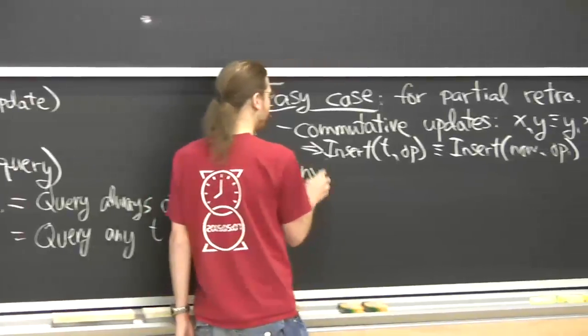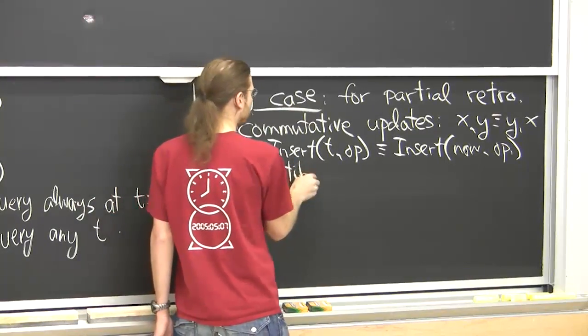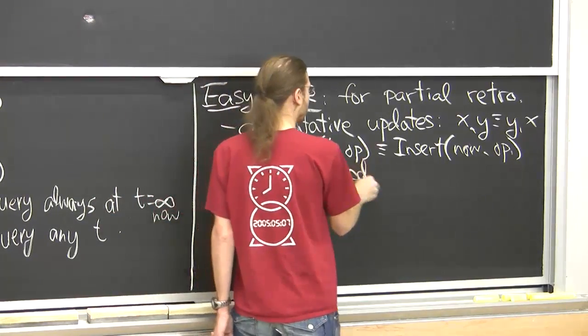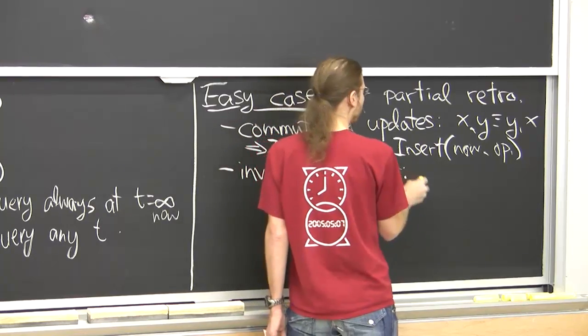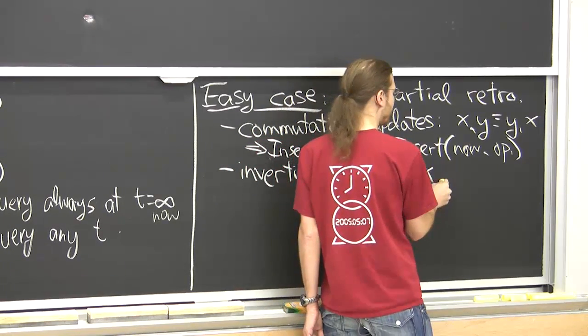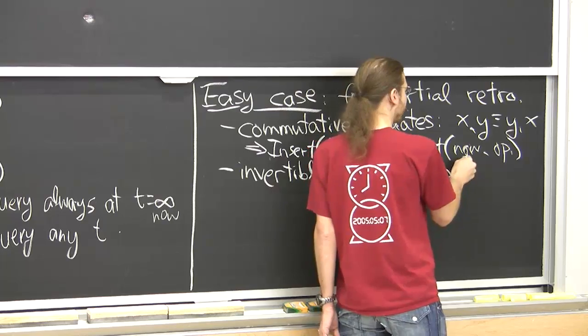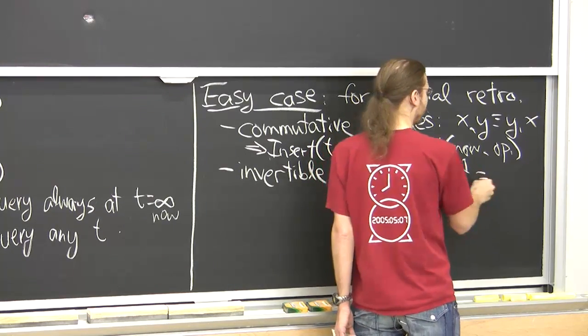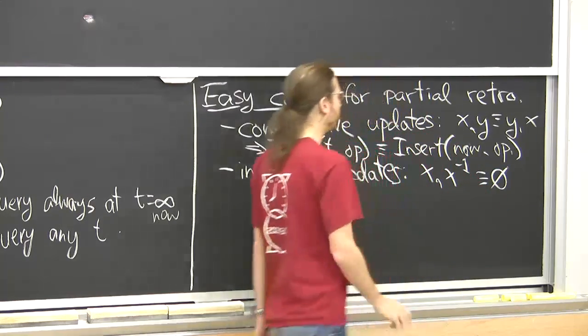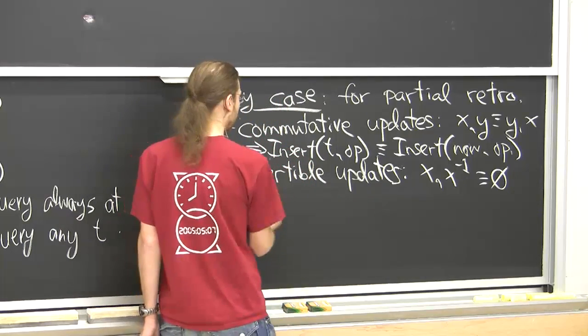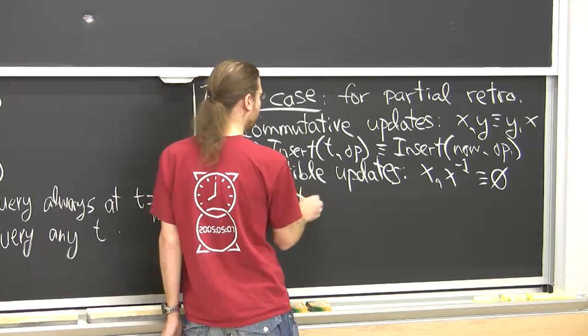If I have invertible updates, meaning there's some way, given an operation x, to compute a new operation x inverse that does the reverse and is equivalent to nothing, then deleting an operation is the same thing as doing the inverse.